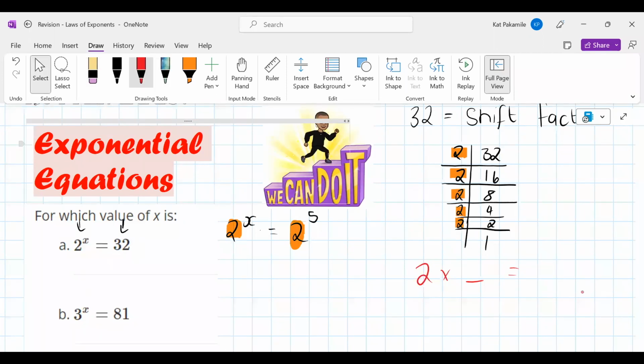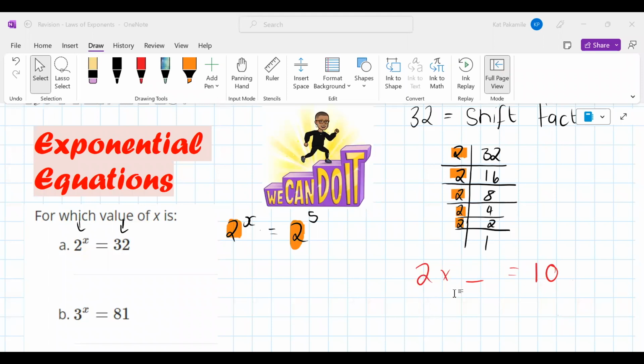Let's say 2 times something is equal to 10. What is that something? This is an equation as well. If I say 2 times something is equal to 10, what does that something have to be? 5. It has to be 5. That's the only way it's going to work, right?